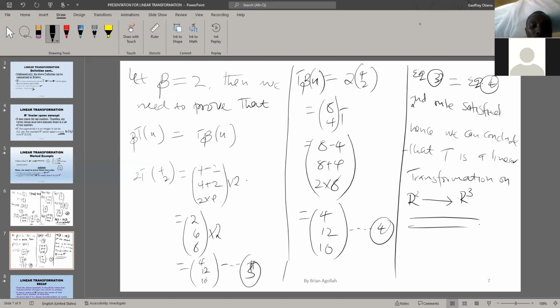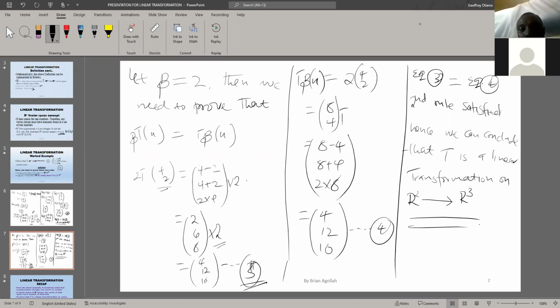Let us take an example. We take vector u, which is (4, 2), and give it the transformation first: 4 minus 2, 4 plus 2, and 4 times 2, and we get (2, 6, 8). Then we multiply by the scalar 2 and get (4, 12, 16). We call it equation 3.